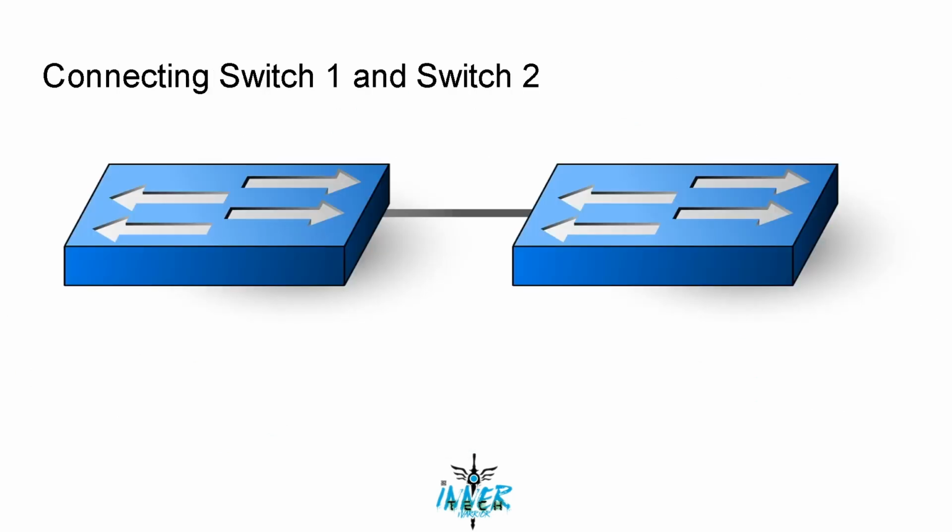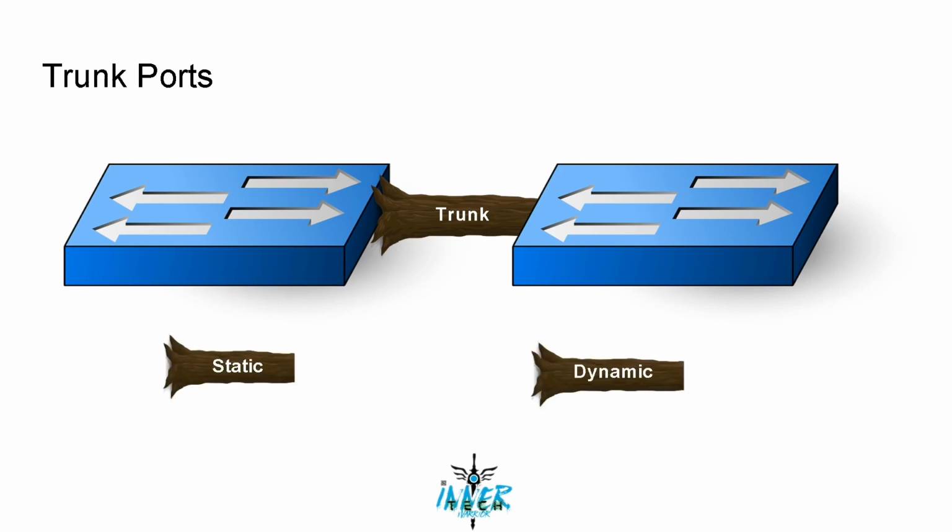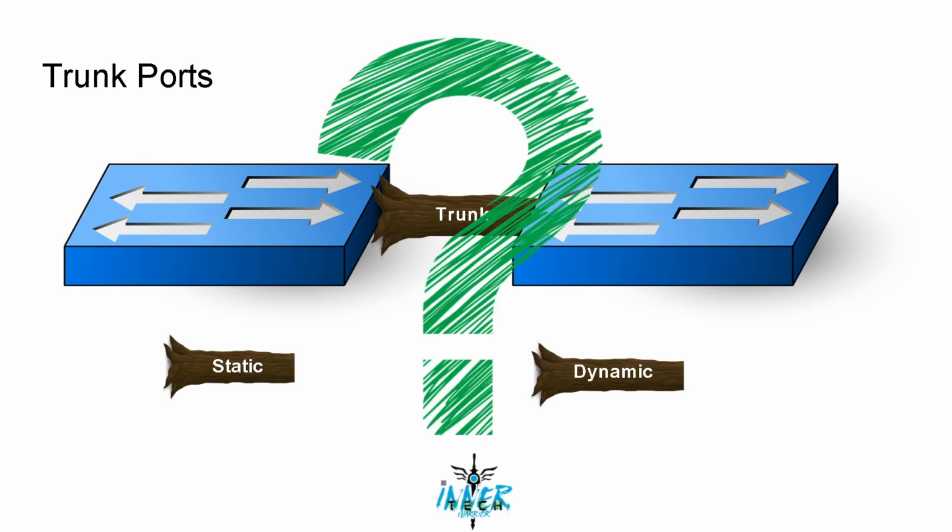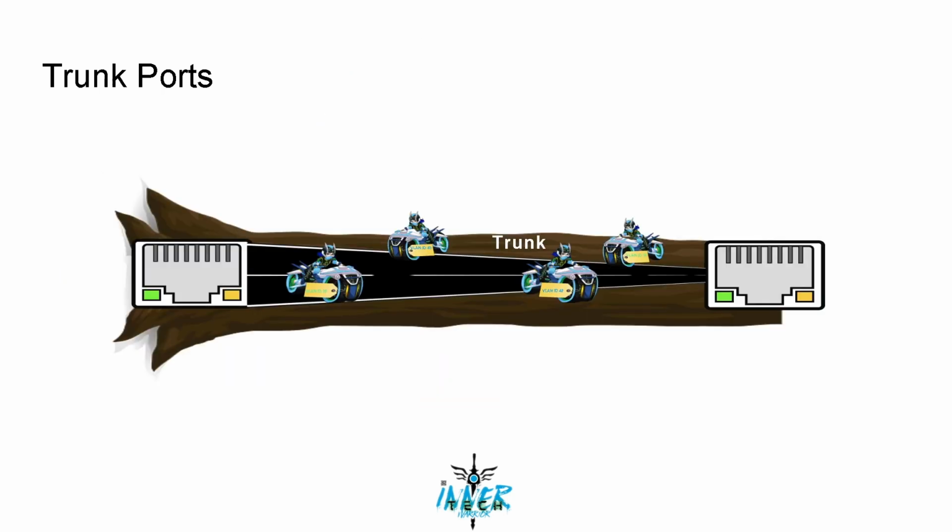Now, let's connect switch 1 and switch 2. To connect the switches and have the VLAN traffic move between them, we need to connect the switches using a trunk port. A trunk port can be static or dynamic. What's the difference? Think of a trunk port as a highway that lets data tagged with IDs travel on it between devices.